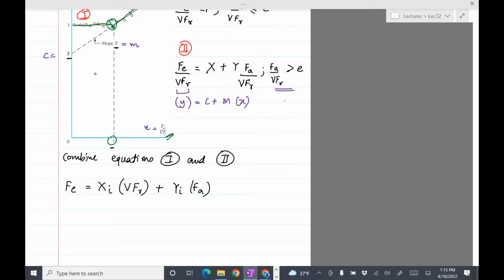What is done over here is essentially you're multiplying throughout by V times FR, and so you will see that you have FE on the left side, and then X, Y.